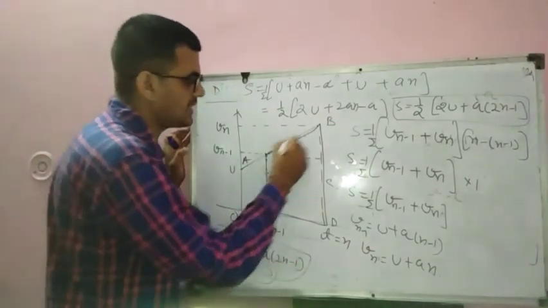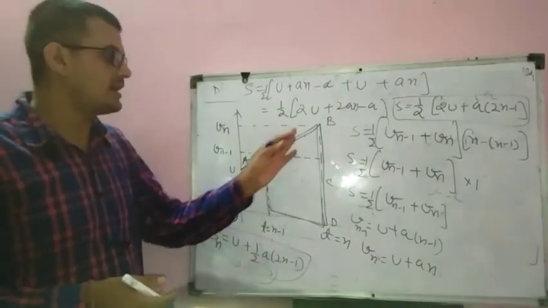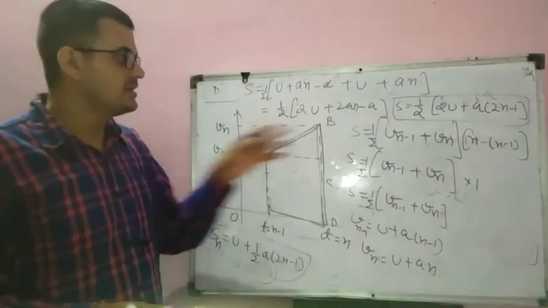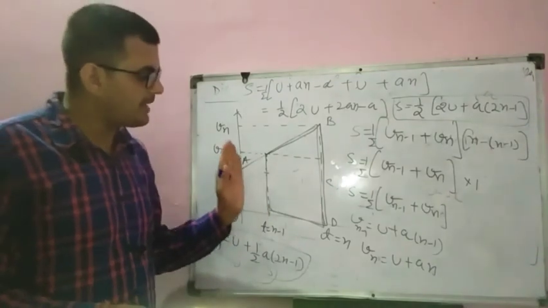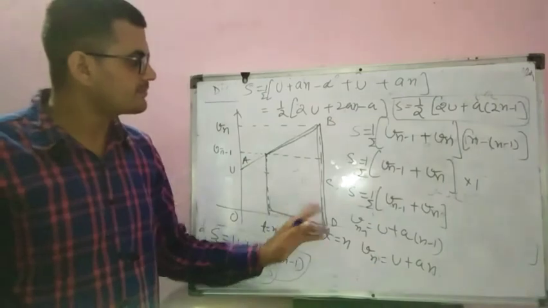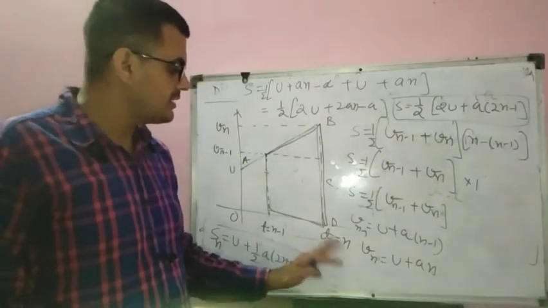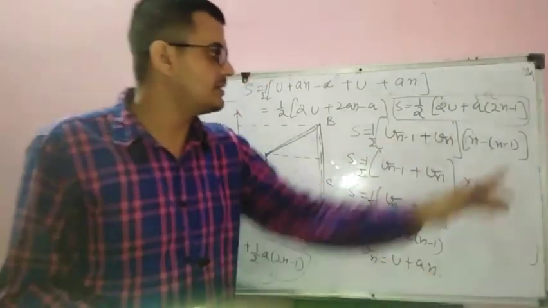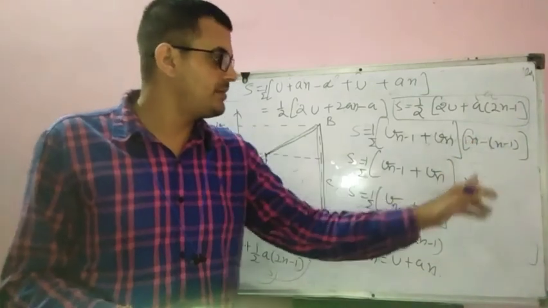We have taken this trapezium this time. You all know that when we calculate the area of a trapezium, we find the distance. So s equals the area of the trapezium: 1 by 2 times the sum of parallel sides, this side v(n-1) plus this side vn, into the height. Height is final minus initial, n minus (n minus 1). You can cancel, and when minus goes inside it becomes plus.